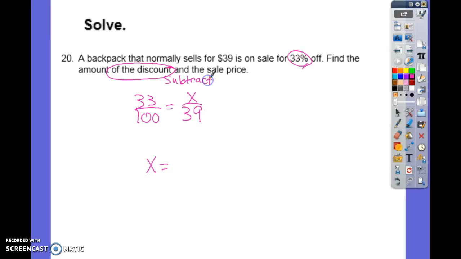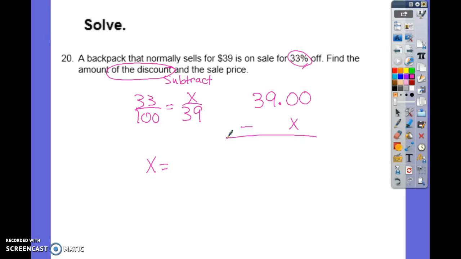So the original price of the backpack is $39, and we want to make sure that we remember that, and then we need our decimal point to show our change. And then when we get our answer for x, we're going to need to make sure that we line up our decimal, but we will subtract whatever we got for x. And that will be the sale price of the backpack. And actually the question says find the amount of discount and the sale price.